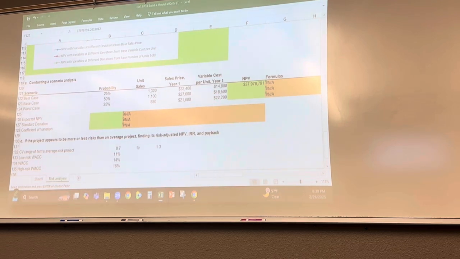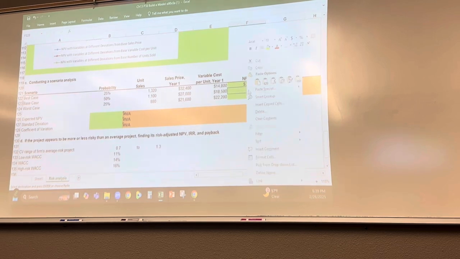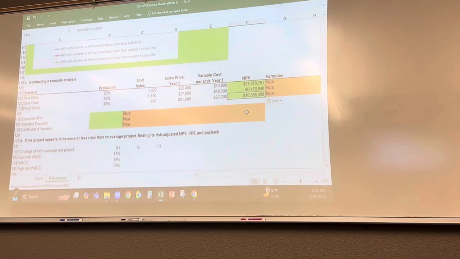If I do that for all of them, this is what I end up with: my base case hasn't changed, my worst case is negative 16 NPV, right?